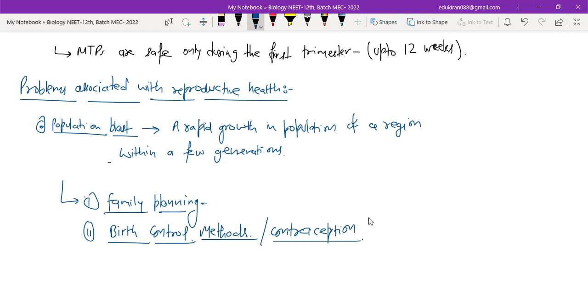So use of contraception has to be promoted in the society so that the unplanned birth of the child can be controlled in the society. That way, effective family planning can take place.